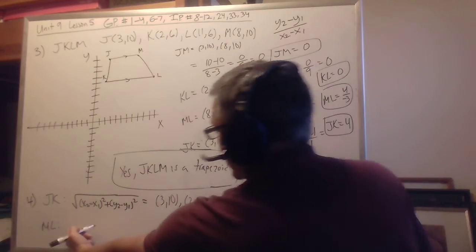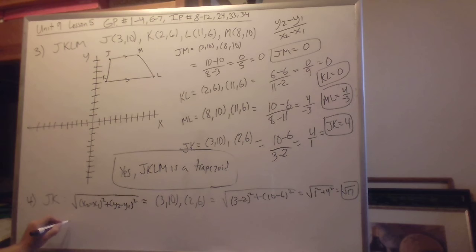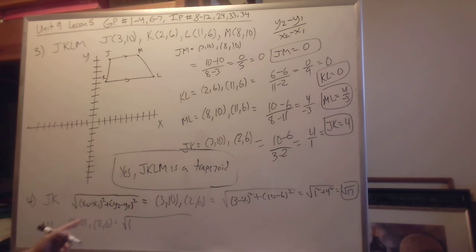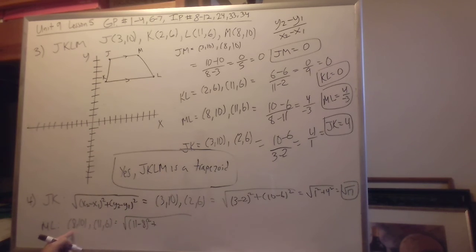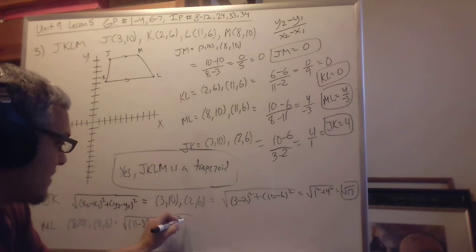And we're going to do the same thing for ML. M's coordinate is at (8, 10), and L is at (11, 6). So we're going to take the square root, again, of x2 minus x1 squared plus y2 minus y1 squared. That's the distance formula. So we're going to go 11 minus 8 squared plus 6 minus 10 squared.